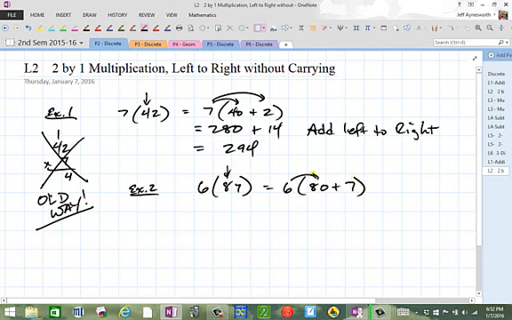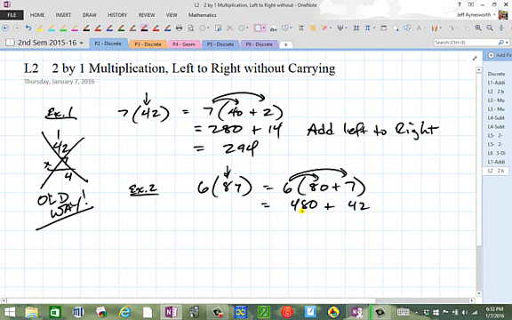All right, you're going to multiply twice, distribute through. So when you do this mentally and you're looking at it, I don't see 8, I see 80. And 6 times 80 is 480. Why? Because 6 times 8 is 48, but you attach a 0 to it so that it makes sense. Because 6 times 80 is kind of big, guys. It's not 48, it's 480. Plus 6 times 7, 42.